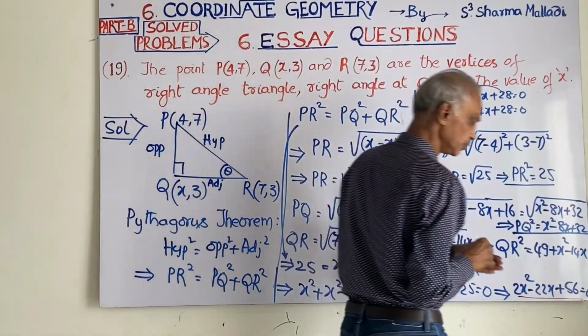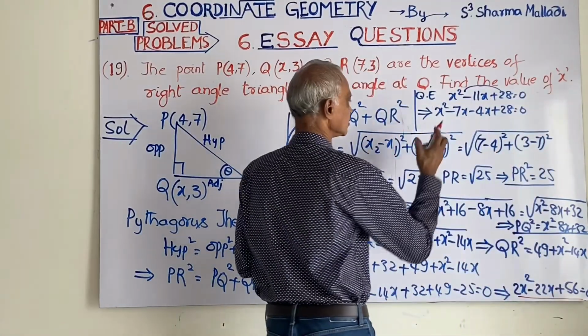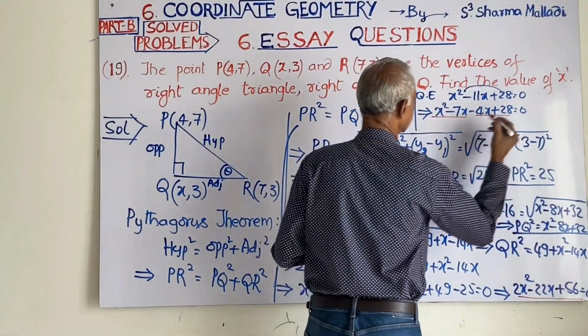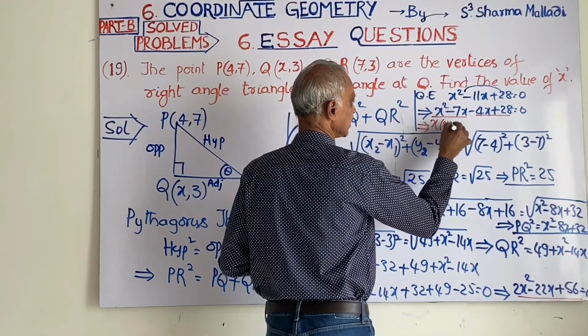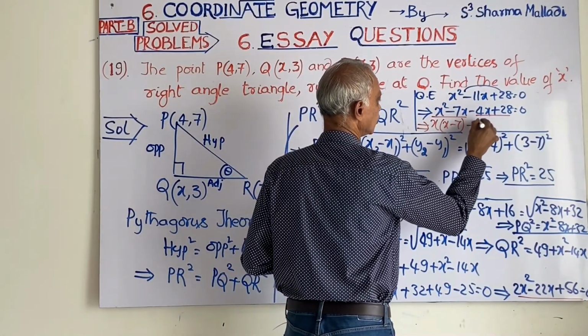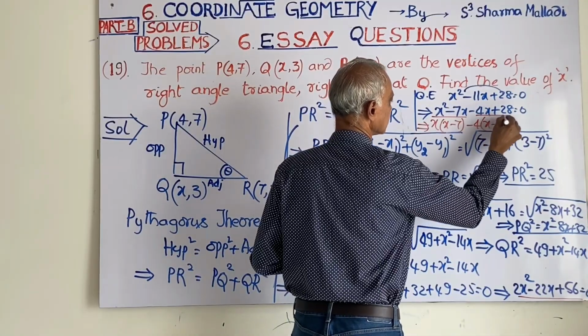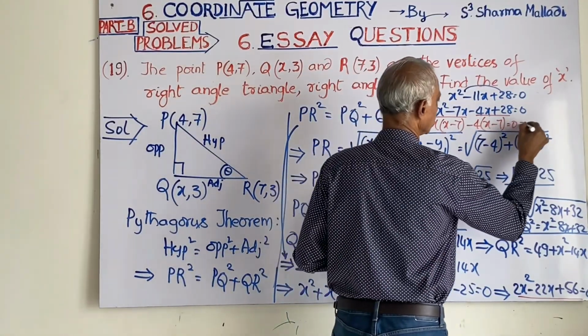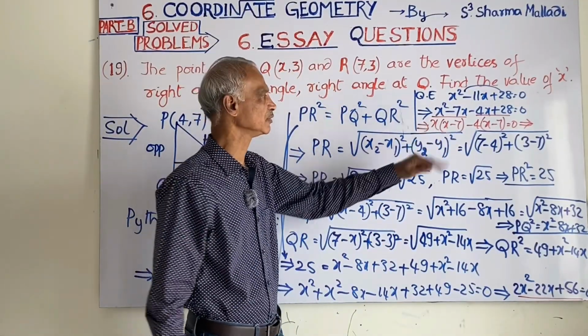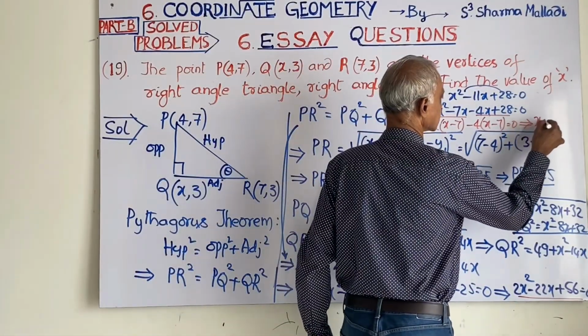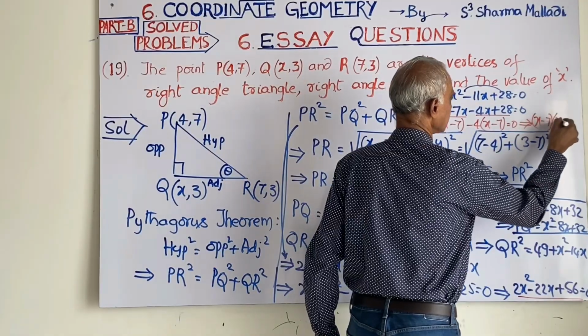Now, I will do with red pen. It is very easy for you. You take these two and these two. You take x common: x minus 7 minus 4 into x minus 7 is equal to 0. You take x minus 7 common, you will get x minus 7 into x minus 4.